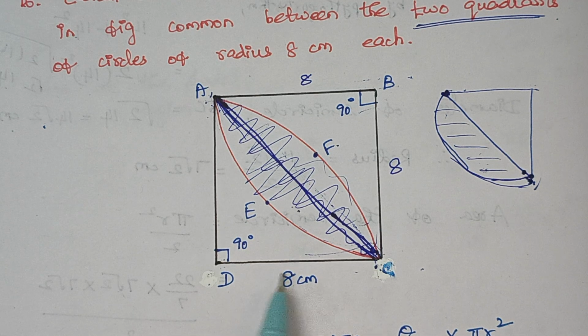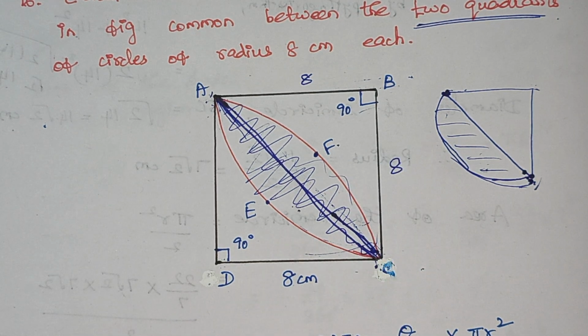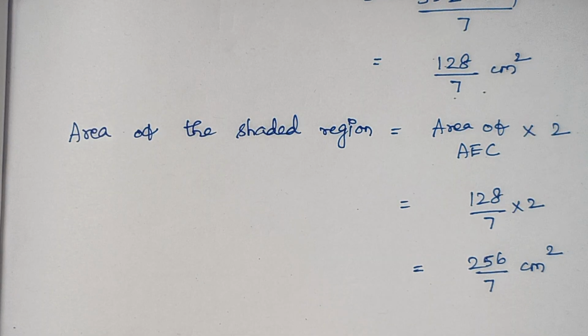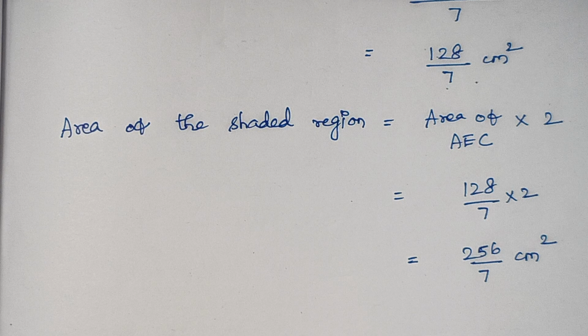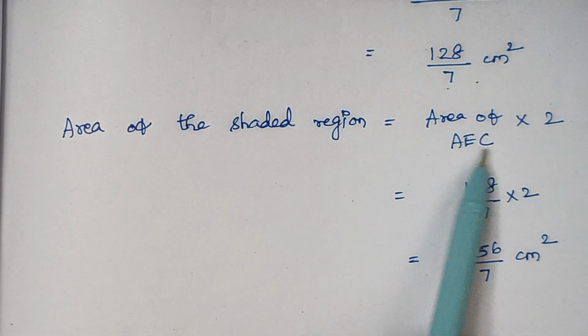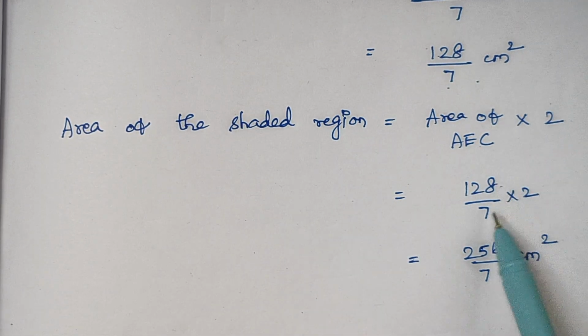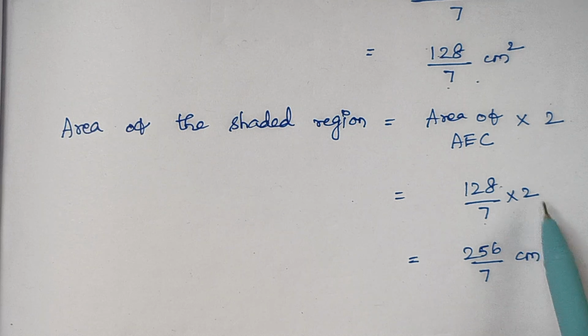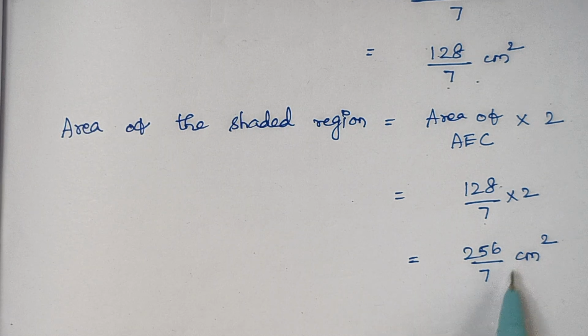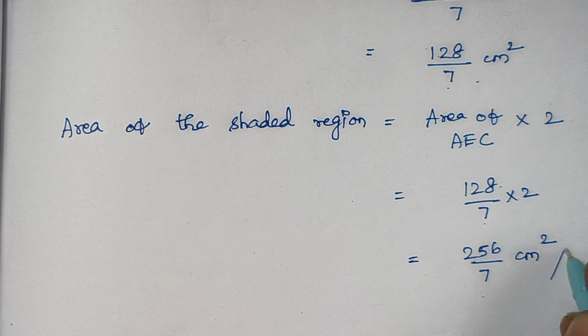Right, because they all have the same value of radius as well as the angle, everything. Therefore, area of the shaded region here is area of AEC multiplied by 2. So 128 by 7 into 2 gives the final answer as 256 by 7 centimeter square.